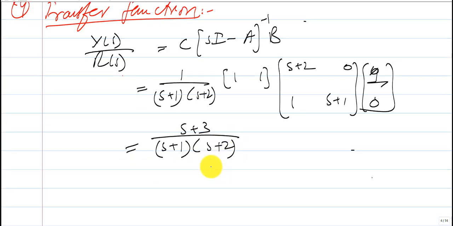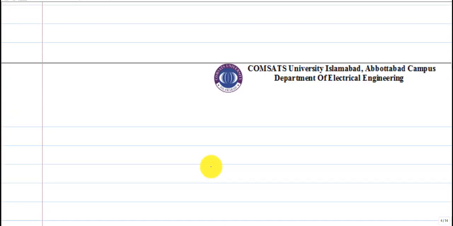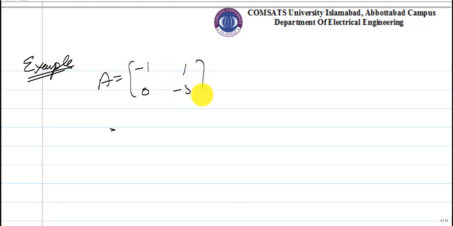Okay, so let's look at another example. In this example we have A as minus 1, 1, 0, minus 3. What we need to do is use some of the properties of the state transition matrix that we have studied.